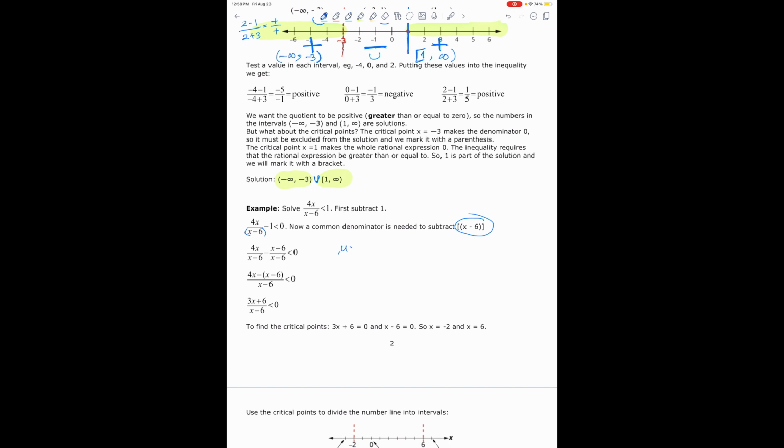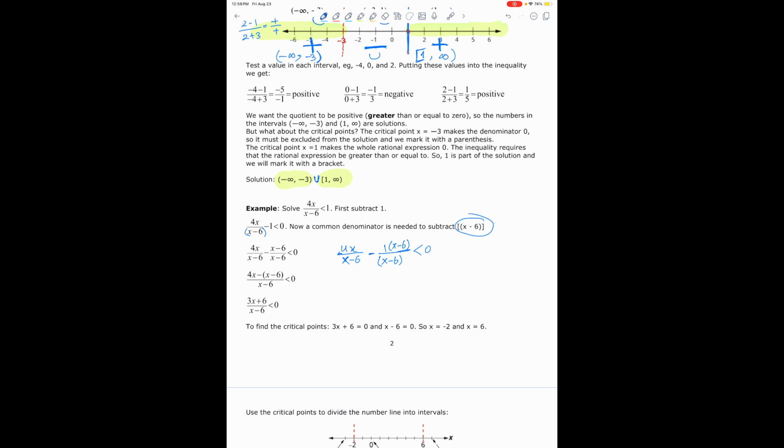So we have 4x over x minus 6, that is the first part. And then the 1, we need to keep the 1 minus 1 over x minus 6. What we did to the 1, we multiplied by x minus 6 in the numerator. In the denominator, we're going to do the same in the numerator, less than 0.